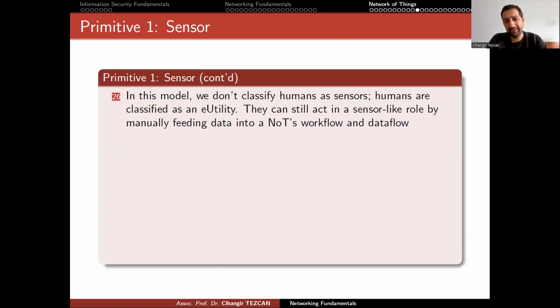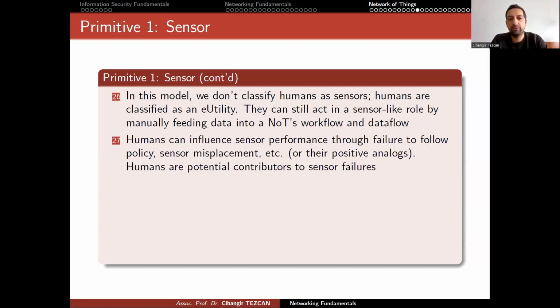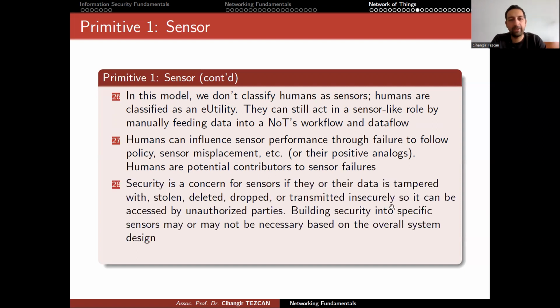Humans are classified as an external utility. They can still act in a sensor-like role by manually feeding data into a network of things workflow and data flow, but they are not sensors. Humans can influence sensor performance through failure to follow policy, sensor misplacements, etc., or the positive analogs. Humans are potential contributors to sensor failures.